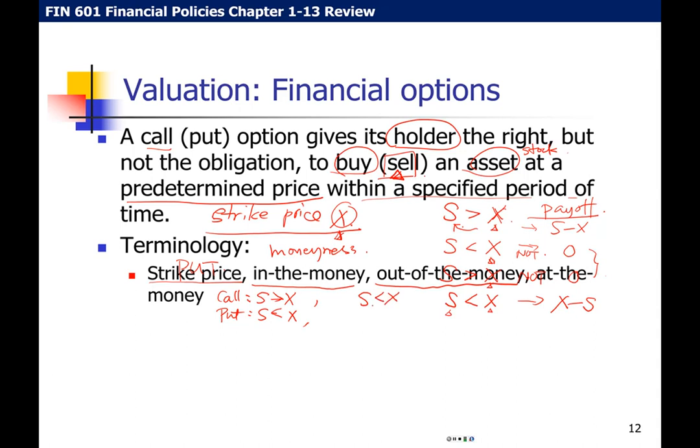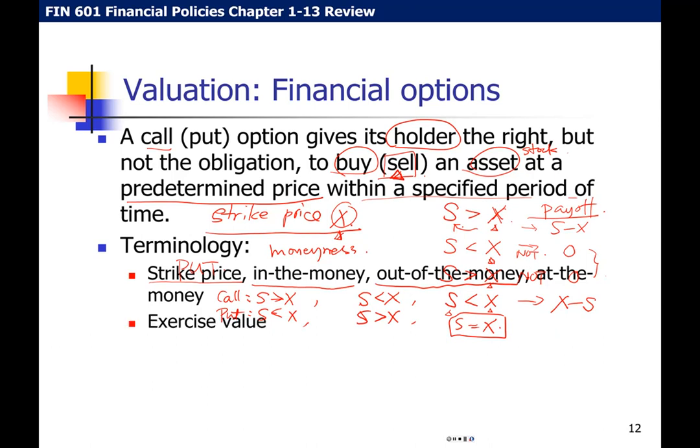So for a call, it's when the market price is lower than strike, so you don't exercise. And for a put, it's when the stock price is higher than strike. And at the money is the same for both of them: the strike and stock price are the same, which means you're indifferent between exercising the option or letting it expire.